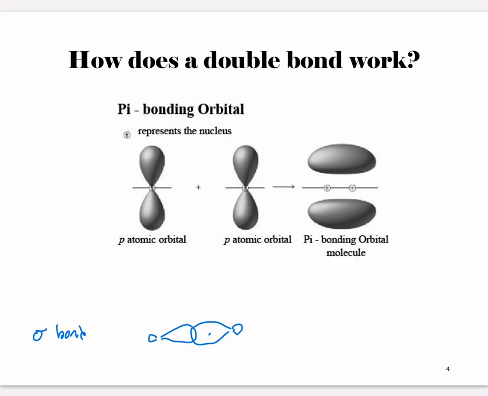And this is direct electron cloud overlap. With double bonds, you have the unpaired p orbital, which is why the trigonal planar carbon atoms are called sp2 hybridized, right? Because they don't have the third p orbital that's hybridized.